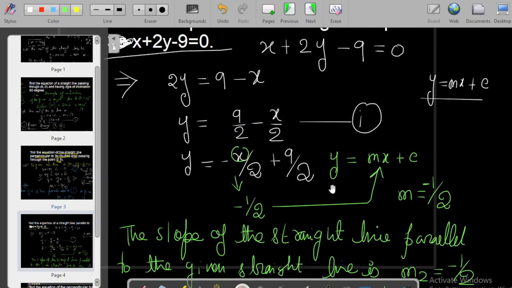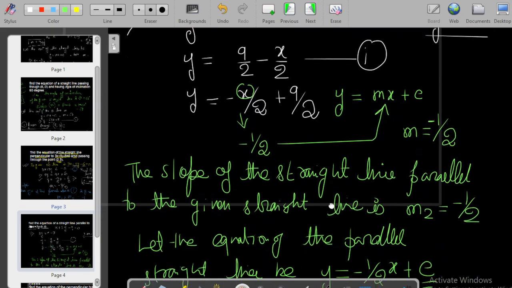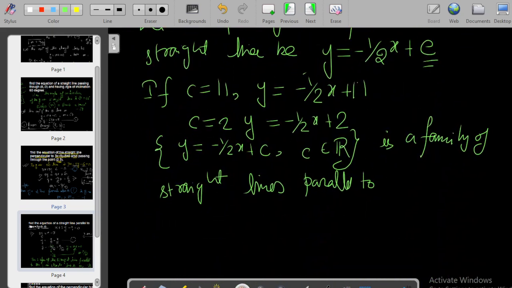What was the given straight line? It was x plus 2y minus 9 equals 0. Why is it a family? Because for different values of c we get different straight lines.